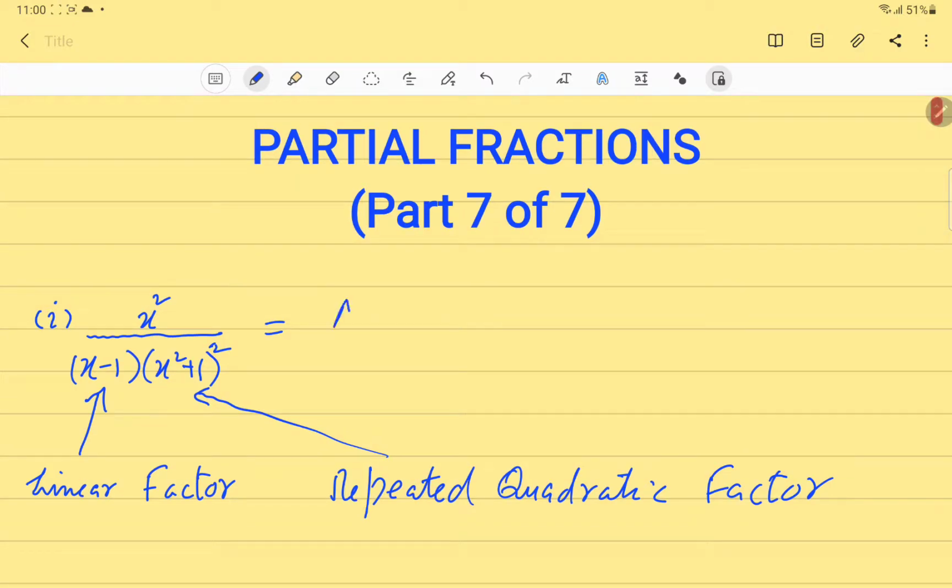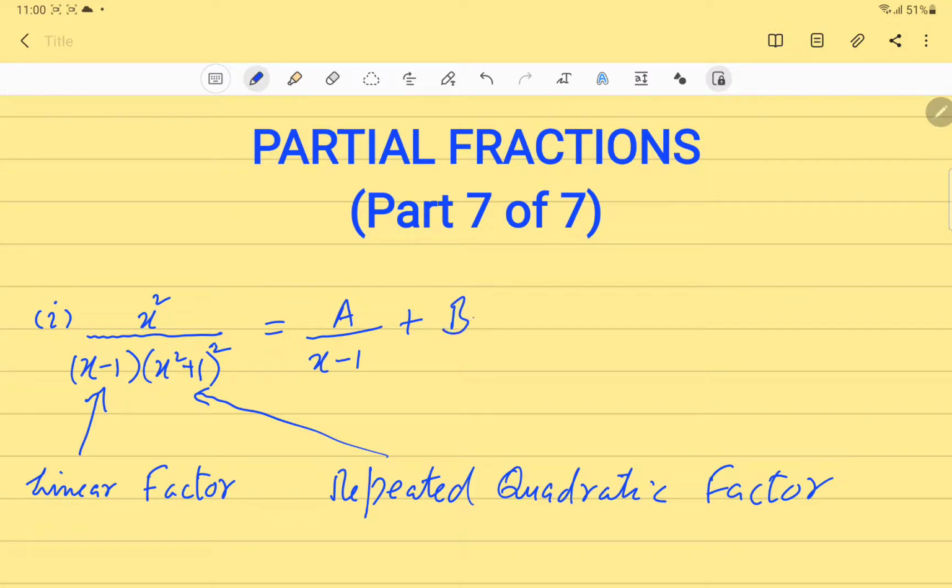For x minus 1 we will have only one constant in the numerator. Then for x squared plus 1 whole square, it is a repeated quadratic factor, so we will be writing 2 partial fractions for it.